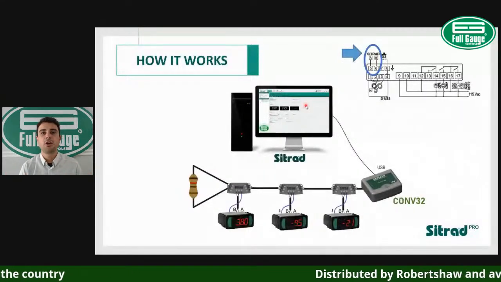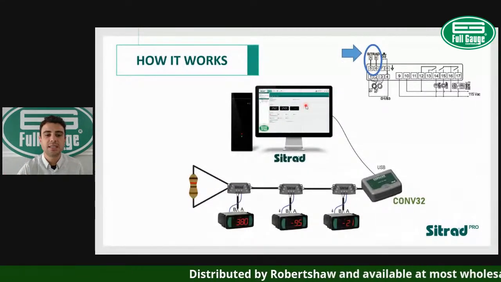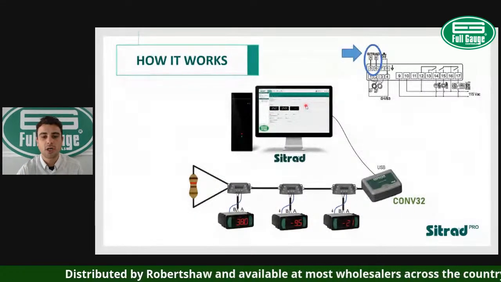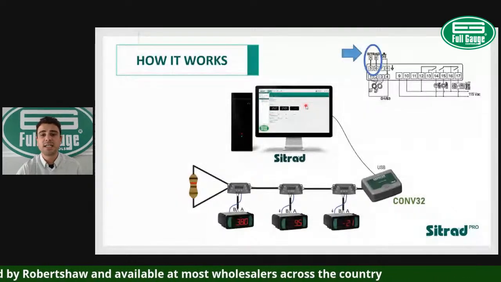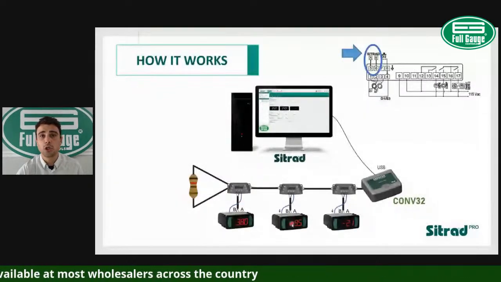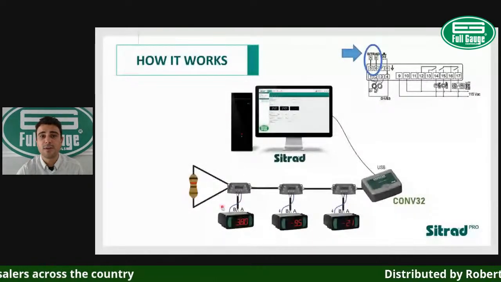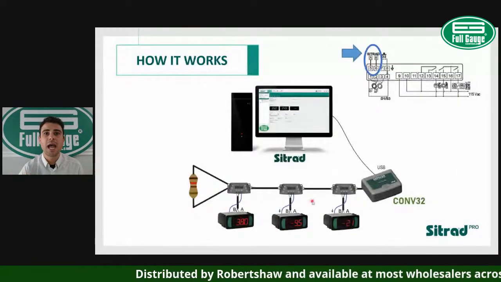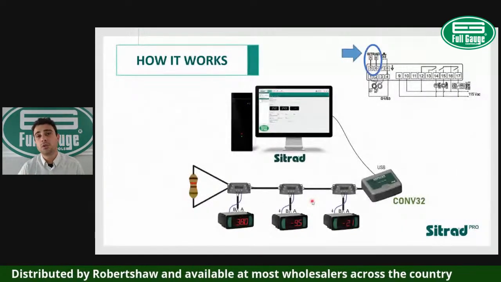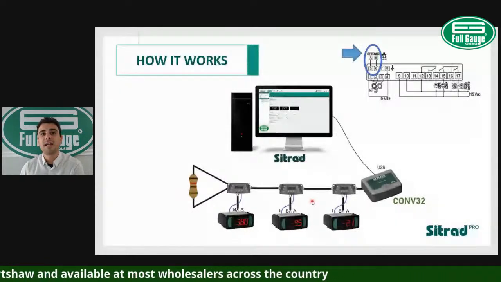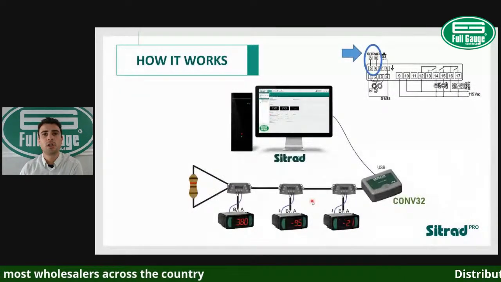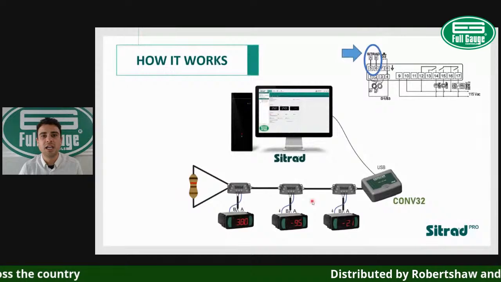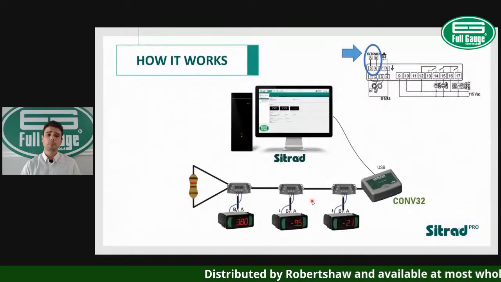Now, the first thing you have to do is change the serial address of each controller. In order for C-Trod to find each controller within the RS-485 network, you have to assign a unique serial address to each controller. That way, C-Trod can automatically find every controller connected to the RS-485 network.